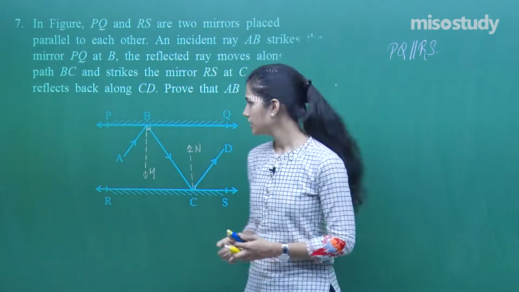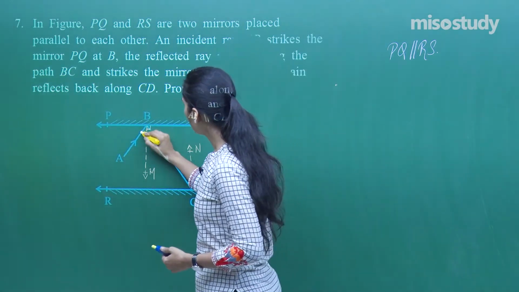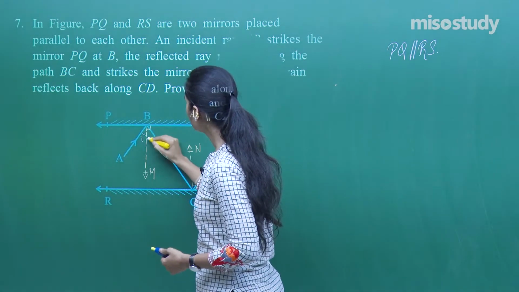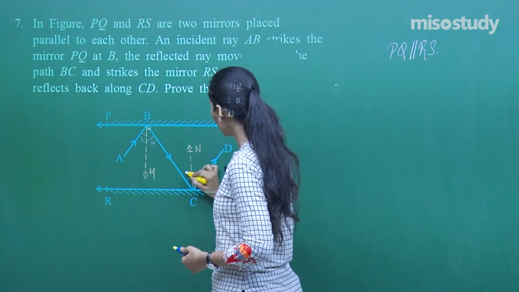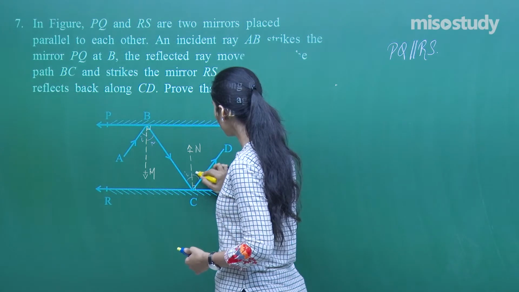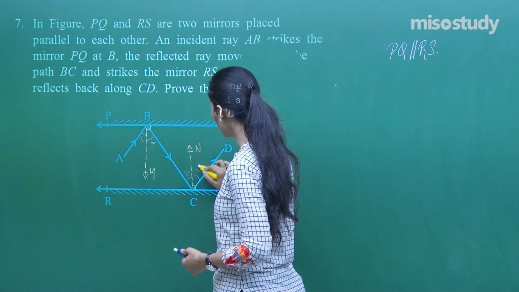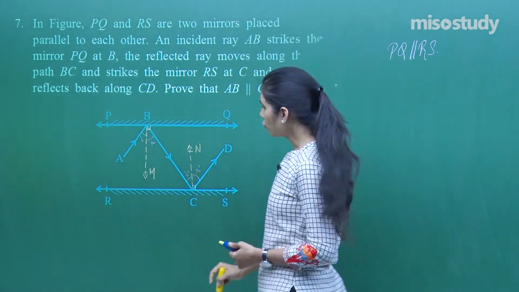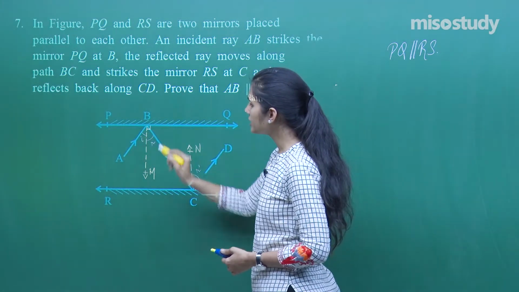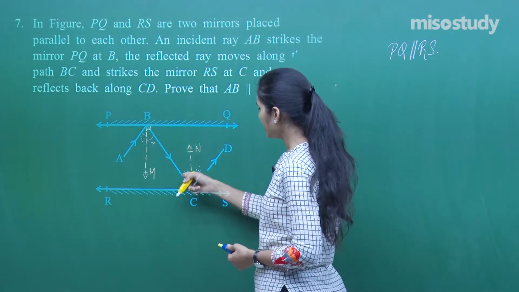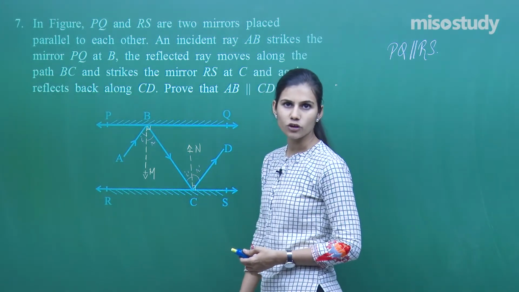Is it understood? Over here, this is angle of incidence and this is angle of reflection. Again, now this is angle of incidence and this is new angle of reflection, say I dash and R dash. You know that this is incident ray, reflected ray, this is the normal, then angle of incidence is equal to angle of reflection, and here angle of incidence also will be equal to angle of reflection.